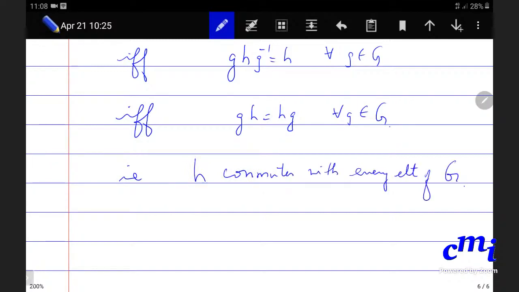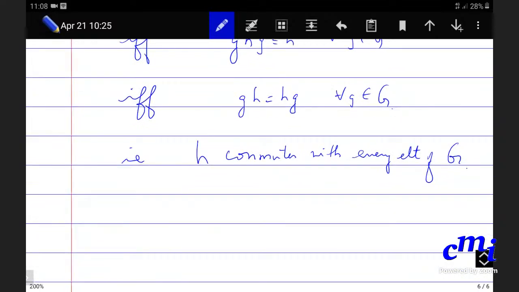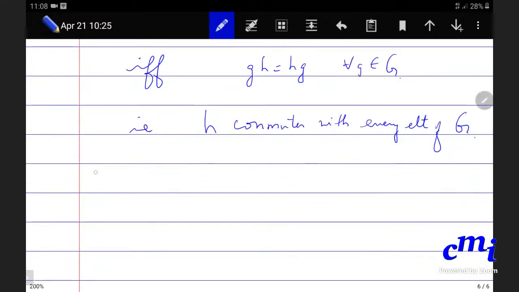And the set of elements with this property is called the center of G, denoted Z(G).